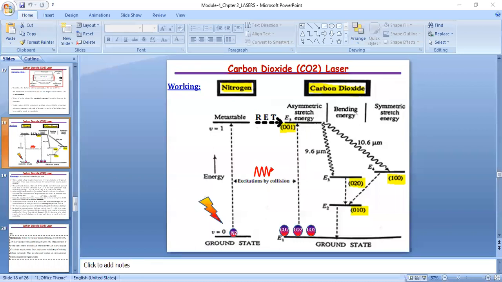The holes in the p region get attracted by the negative electrode, and they will move into the n region. Similarly, the electrons in the n region get attracted by the positive terminal, and they enter into the p region. Here you can see these two are getting recombined. Holes and electrons are combining, and once they combine, we get the radiation.